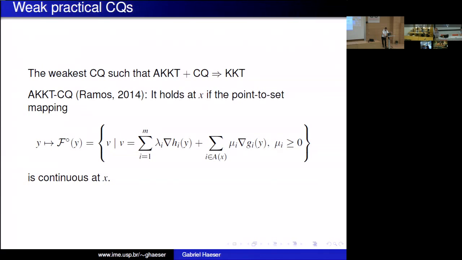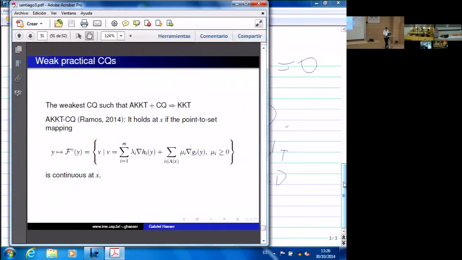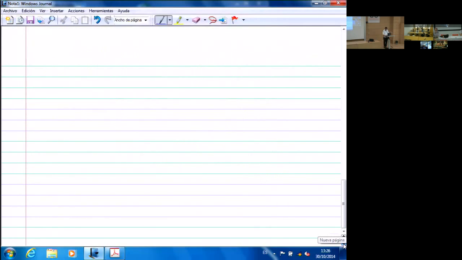And in this context, because this cone is generated by these gradients, and these gradients are continuous functions, this is equivalent to asking that this point-to-set mapping is closed. Okay, this is a well-known concept in point-to-set mapping. Maybe I should write it down here. It says something like this.